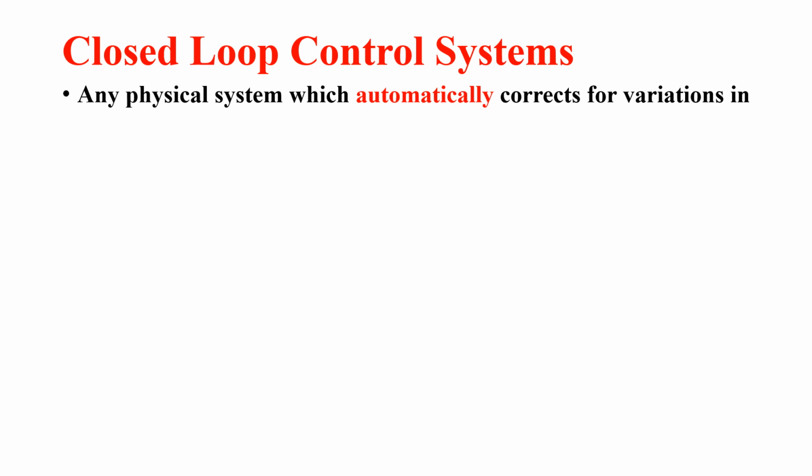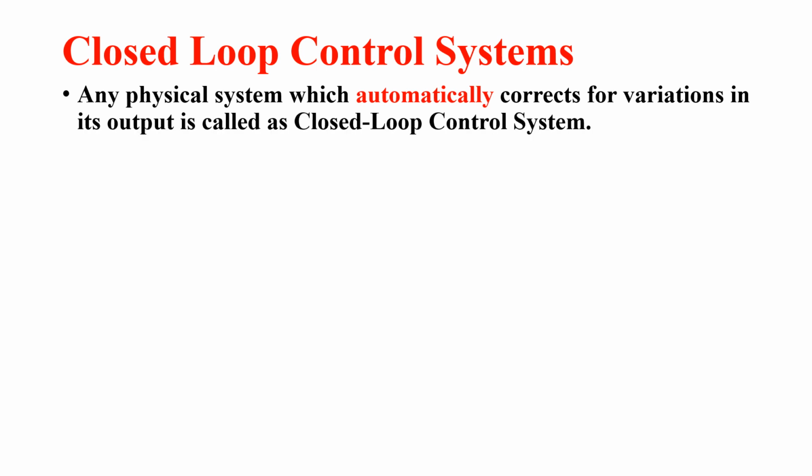So now we are in a position to understand the definition of a closed loop control system. What is this? Any physical system which automatically corrects for variations in its output is called a closed loop control system. In the open loop, we said the system which does not automatically correct for variations.